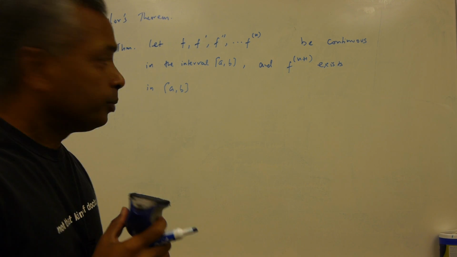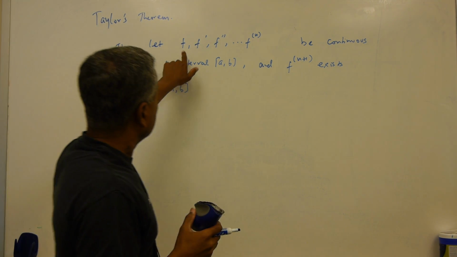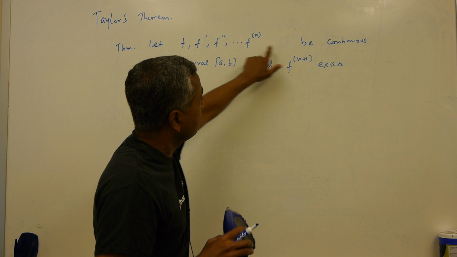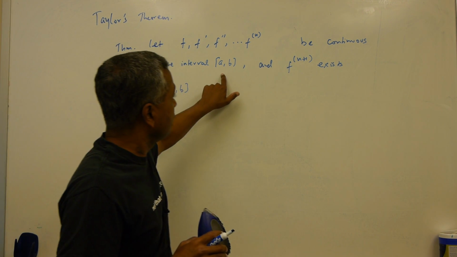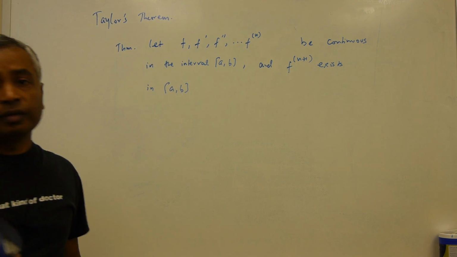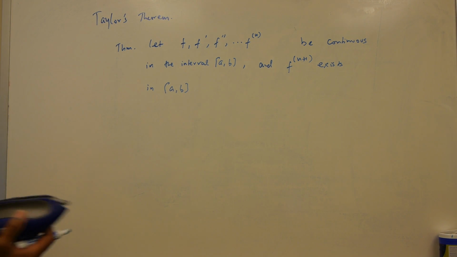Okay. So once again, f, the first derivative of x, the second derivative of x, all the way through the nth derivative of x are all continuous in the interval a, b, and that f n+1, the n plus first derivative, exists in the interval.